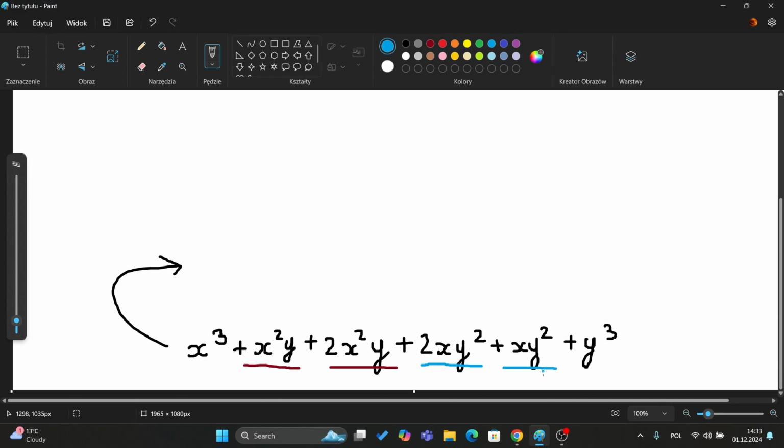So xy squared is three times that, so we add them together. So that is x cubed plus the added 1 plus 2, which is 3x squared y. And then the same here, we do 2 plus 1, which is 3xy squared. And we write the y cubed down.